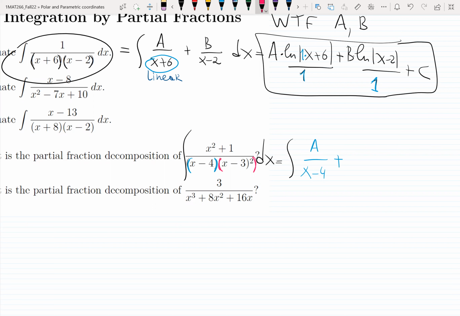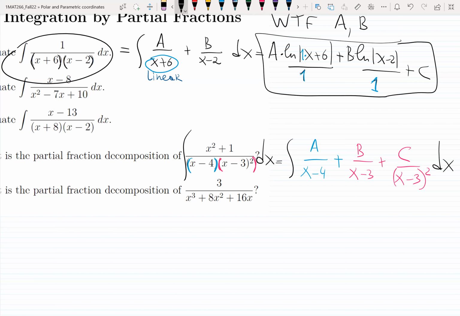Because it repeats, it will have B over x minus 3, and then C over x minus 3 squared. And then it will keep accumulating until all the powers we need. So if it's to the fifth power, you will have B, C, D, E, F, and so on. But it's still linear, so at the top we have constants A, B, and C.